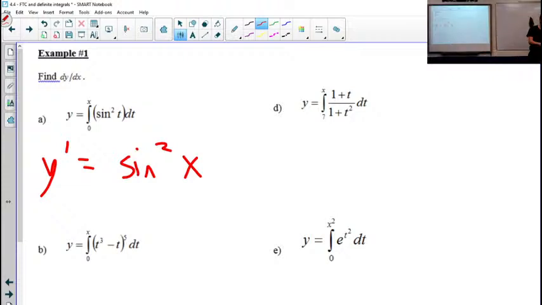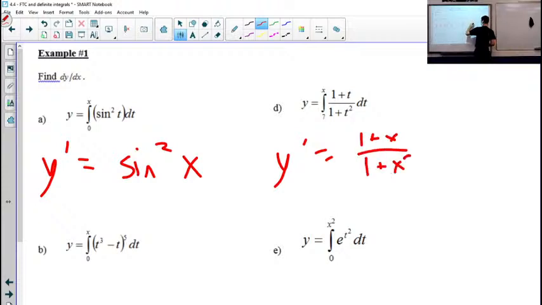So all we're doing, as long as it's just a number to x, is taking the function and putting an x in instead of t. So guess what? This one is going to be 1 plus x over 1 plus x squared. Done.